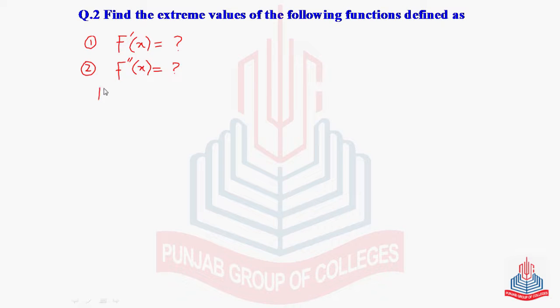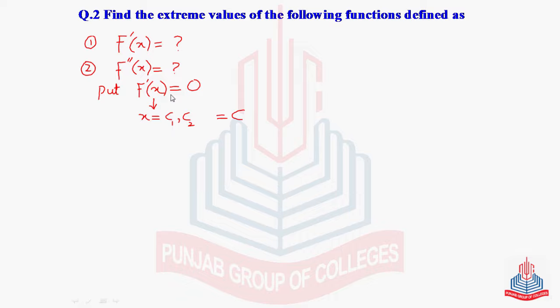And then put this first derivative equal to 0, and from this equation we will get the values of x for which this first derivative will be 0, and these are actually our stationary points. Let's say it is the value which we get from this first derivative by putting it to 0.